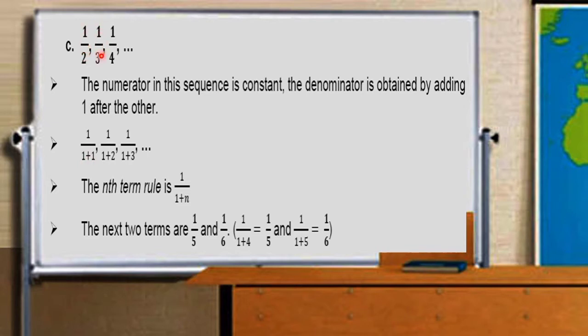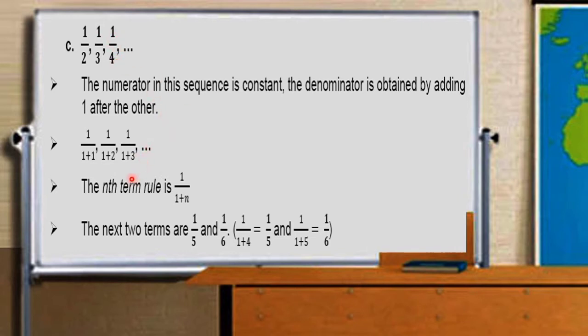Para makuha natin yung kasunod, 1 and then 1 plus 2 equals 1/3. Next, para makuha natin yung 1/4, 1 over 1 plus 3 equals 1/4.